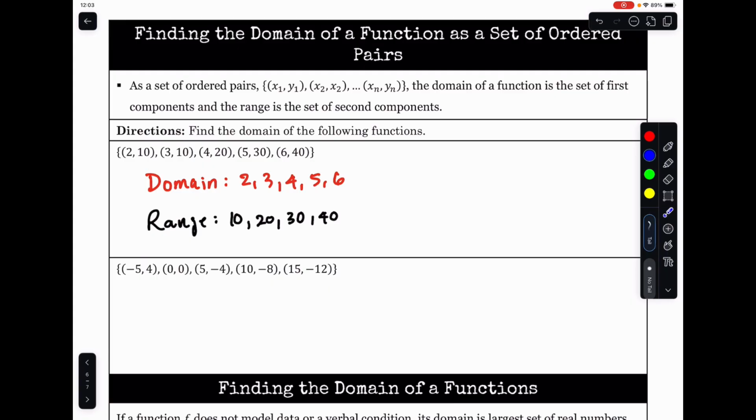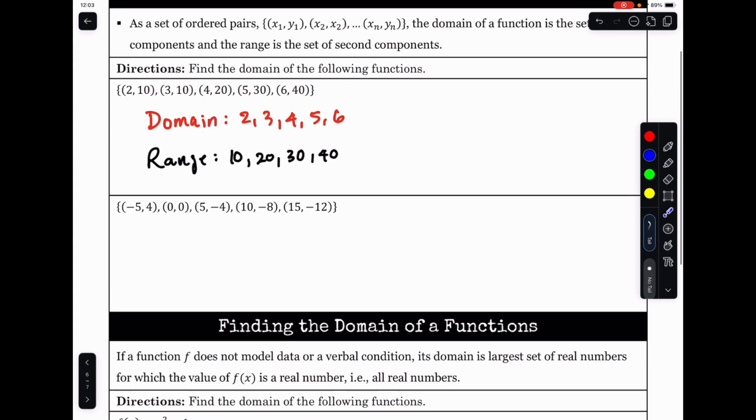So for the second example, here's our function written as a set of ordered pairs, and the domain is the list of first components: -5, 0, 5, 10, and 15. While your range is simply going to be the list of second components.